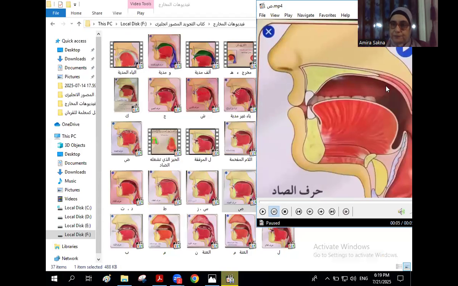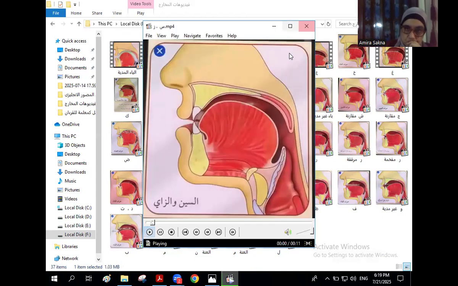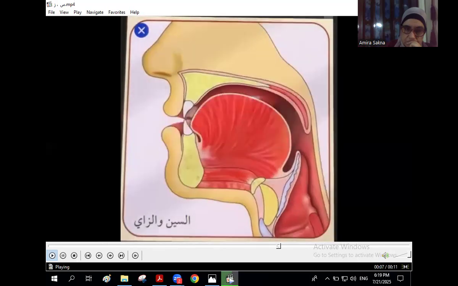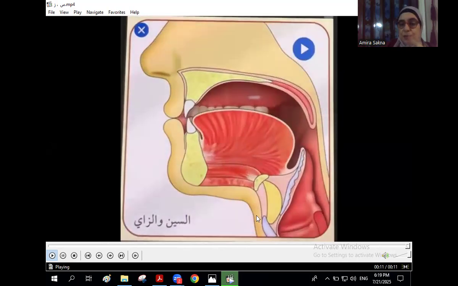Very well. We'll go to sin and zay. One time he pronounced sin, and then zay, and then sin, and then zay, okay? The end of the tip with the bottom of the lower central incisor, of course, from inside, okay?